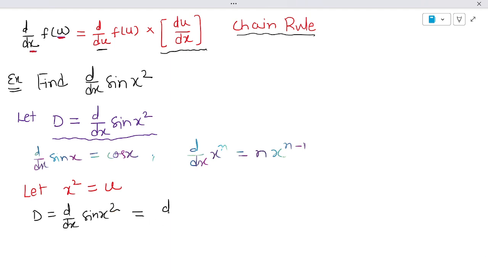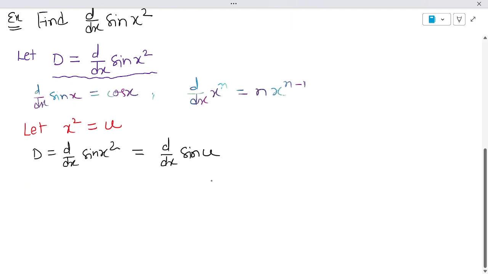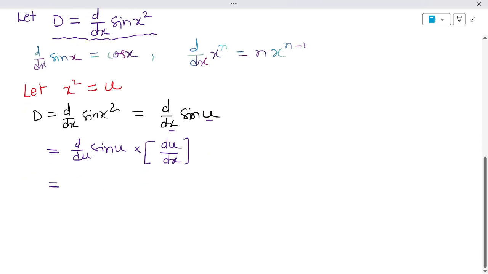So it is nothing but derivative of sin u. अब यहाँ पर फंक्शन में है u, in the function we have u and derivative में है with respect to x. तो यहाँ हम चेन रूल यूज करेंगे. Instead of d by dx write d by du, sin u as it is. और जब भी यहाँ d by du लिखेंगे तो हमें यहाँ पे मल्टीप्लाई करना है by du by dx. Now what is the derivative of sin u with respect to u? It is cos u into this du by dx as it is.